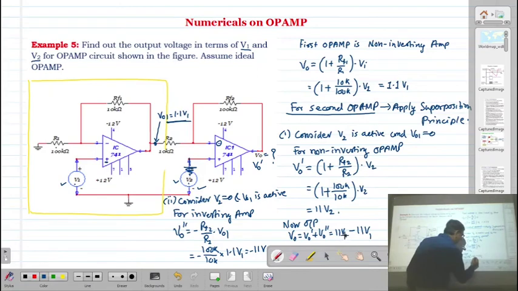This is V2, remember. And therefore my output voltage will be equal to, I can write as, 11 will be common, so 11 into V2 minus V1.